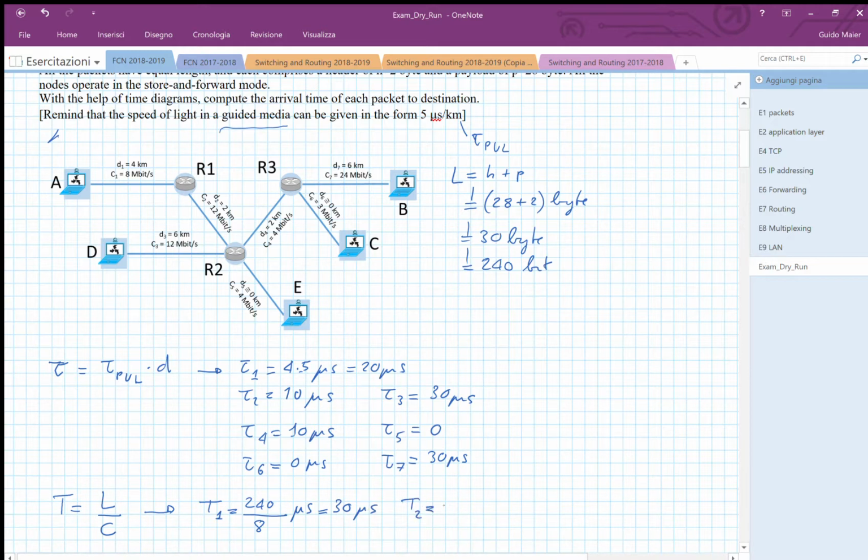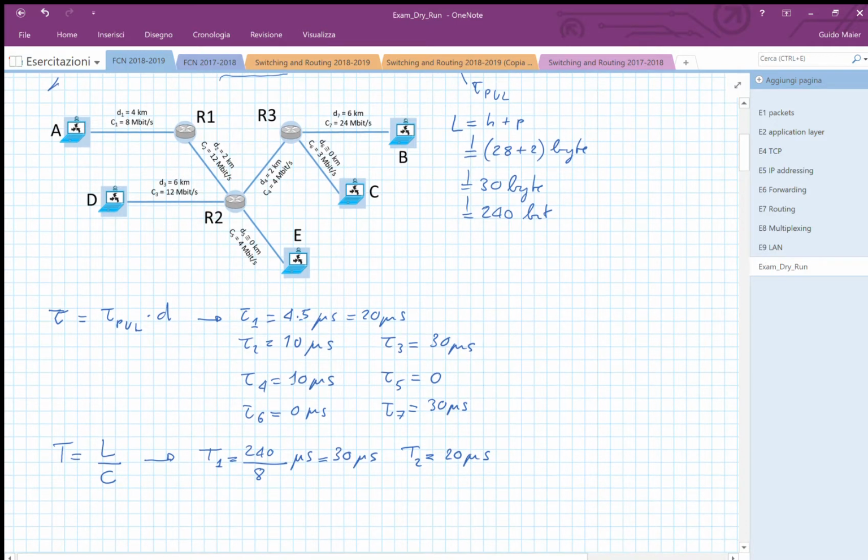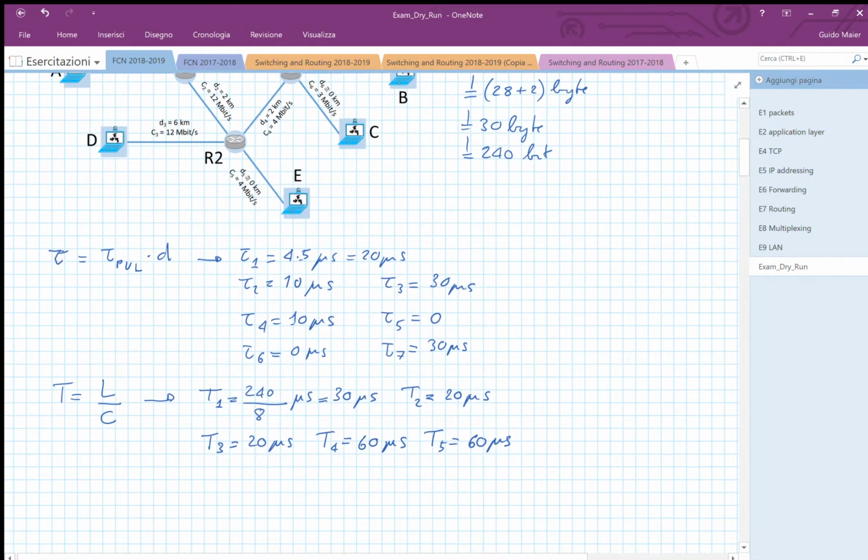Then we have T2, it's 20 microseconds, and then we have T3, 20 microseconds, T4, 60 microseconds, T5, 60 microseconds as well, T6, 80 microseconds, T7, 10 microseconds.